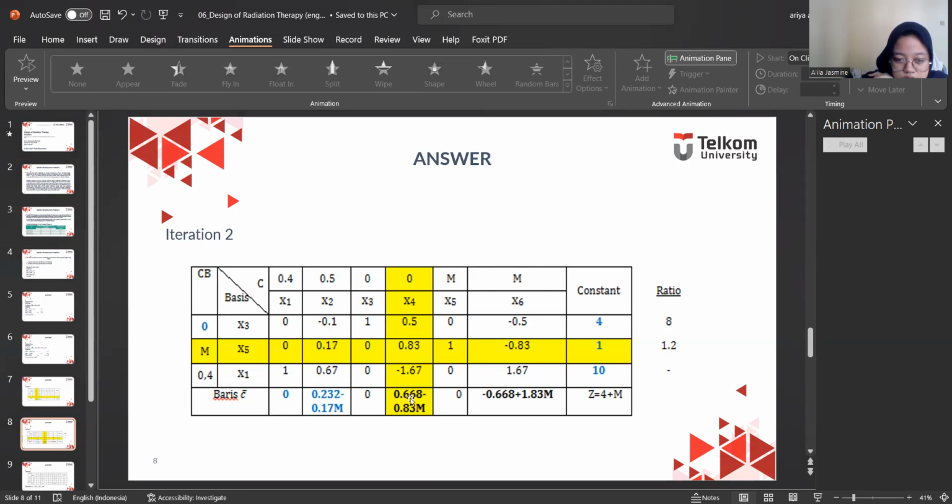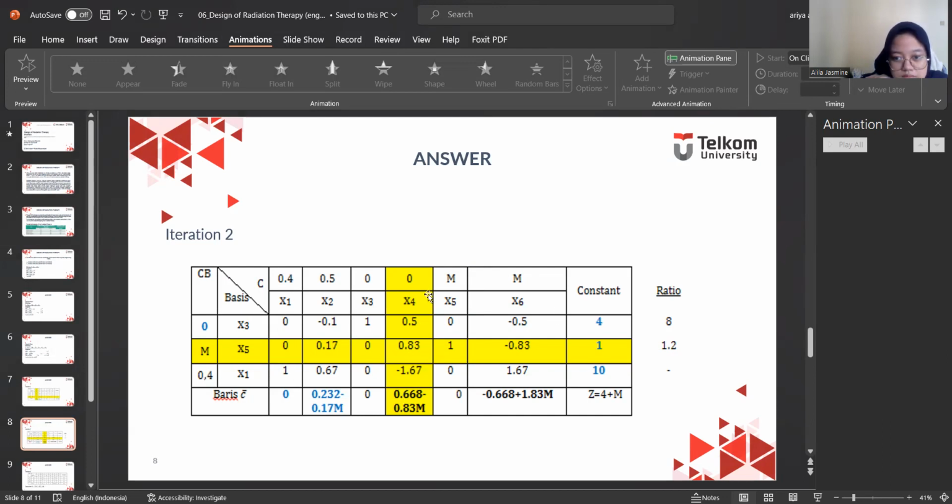And to determine the second iteration, the next pivot is also with the biggest minus in row C. Here in row C, our biggest minus is in x4, that's why we choose the x4 column.